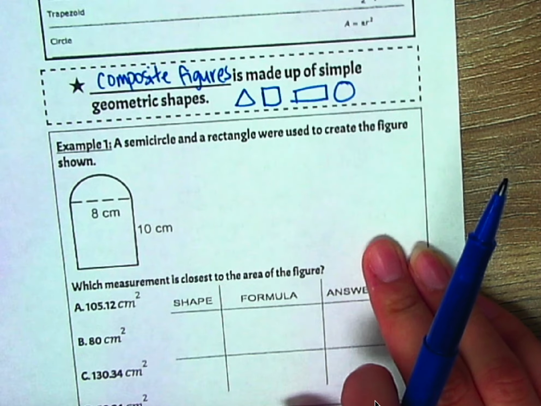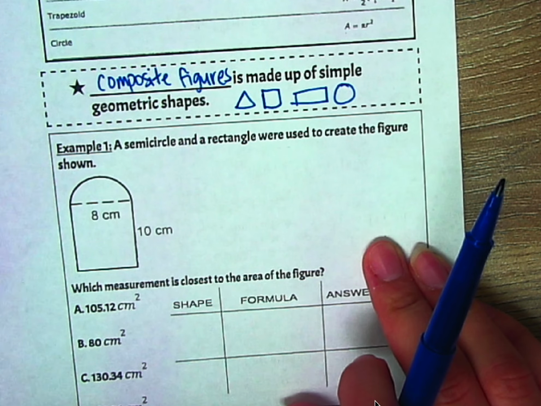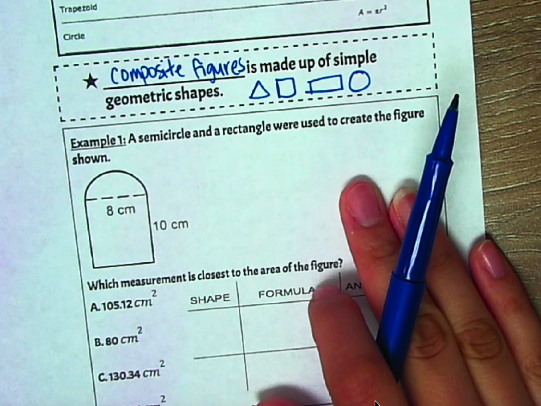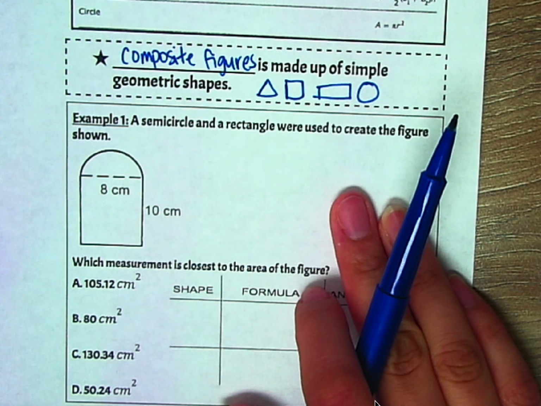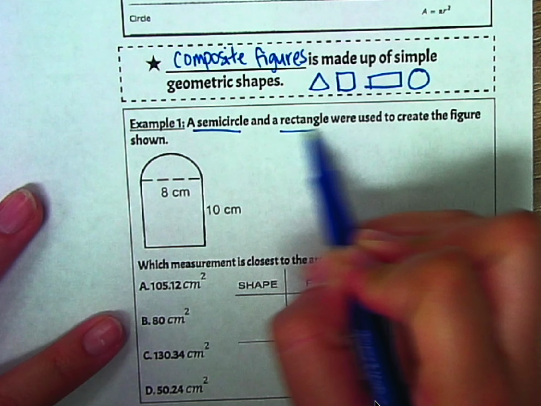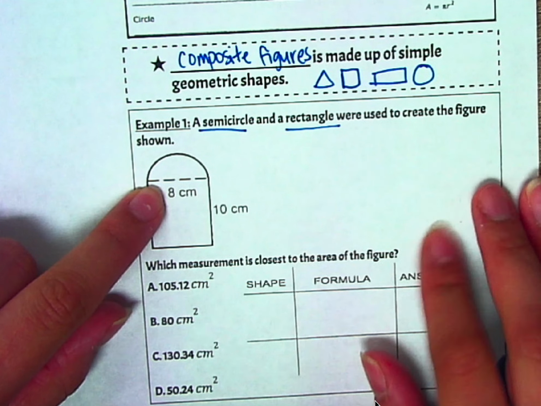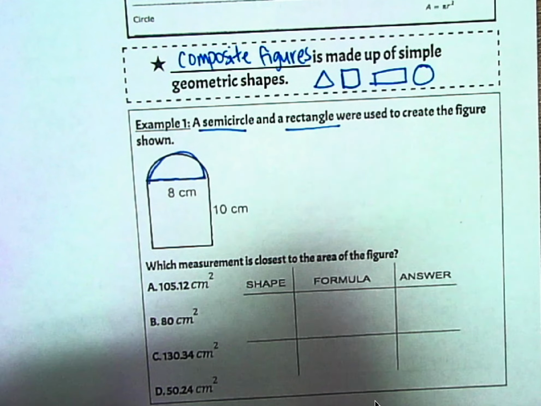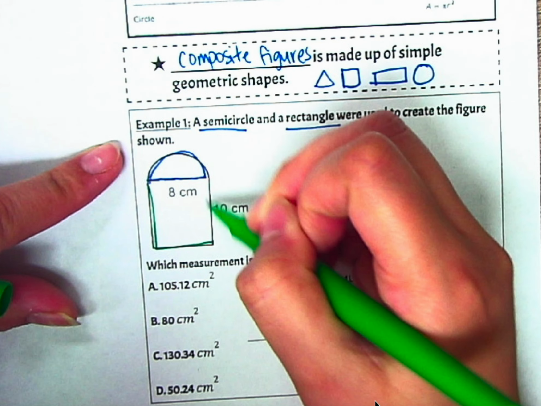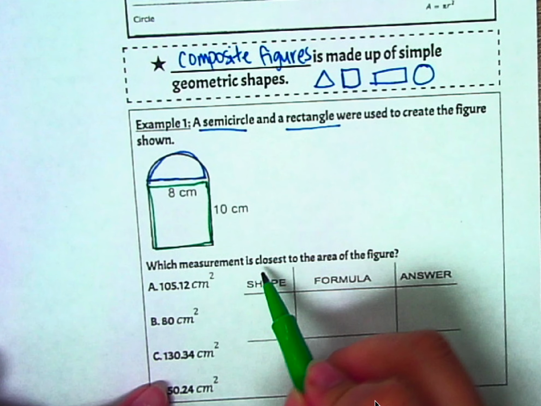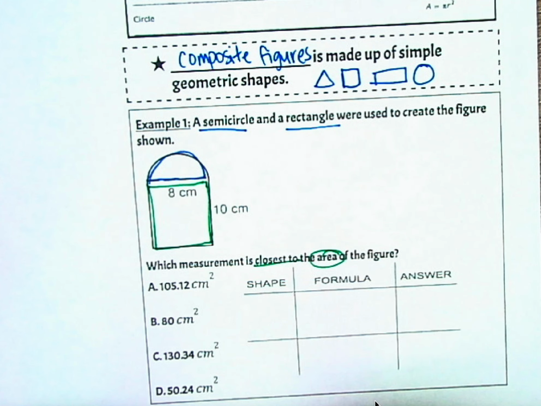So if I look at this, it tells me that it's made up of a semicircle and a rectangle. Okay, right here is my semicircle and on the bottom is the rectangle. Okay. So we have to find the area closest to the area of the figure.